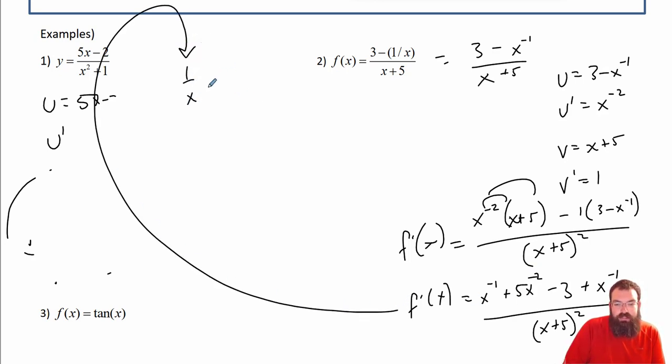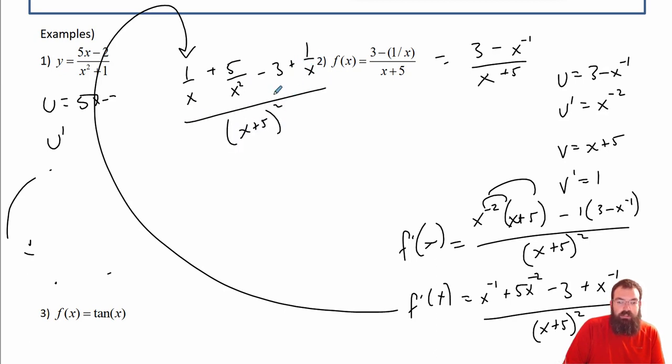So it's 1 over x, I'm going to get rid of the negative powers, plus 5 over x squared, minus 3, plus 1 over x. All of that's over (x plus 5) squared. So I need a common denominator, which is x squared. That means this is going to be x over x squared, x over x squared. That stays, this is going to be 3x squared over x squared.